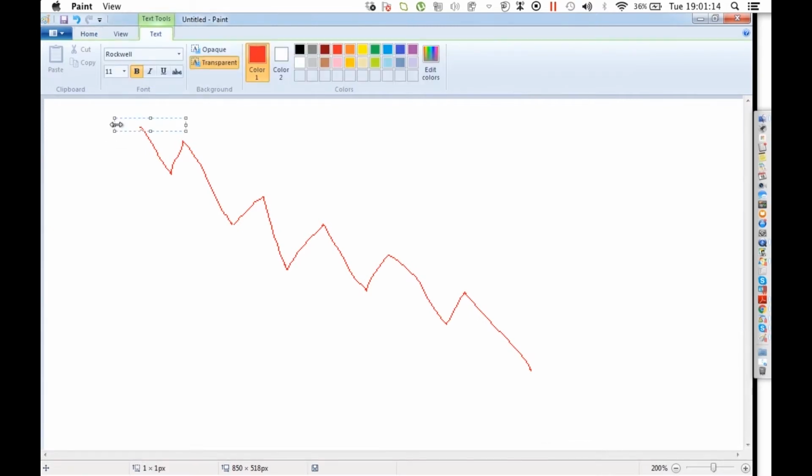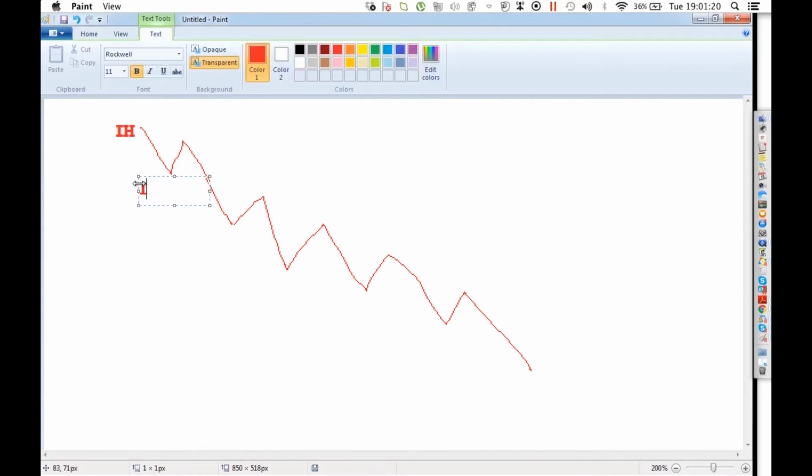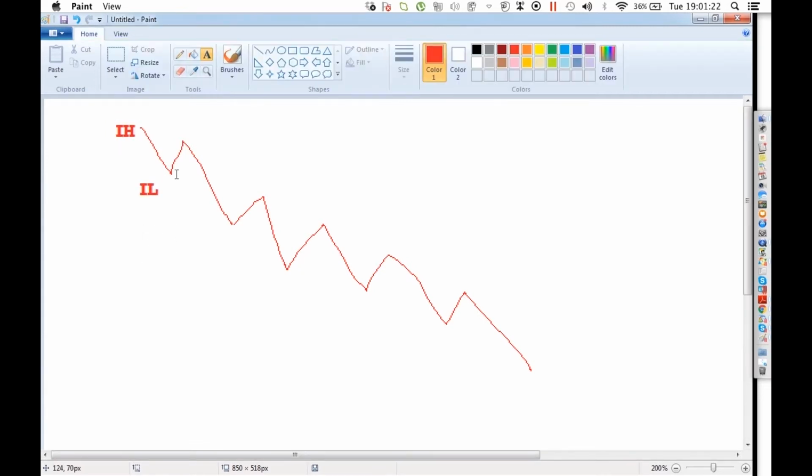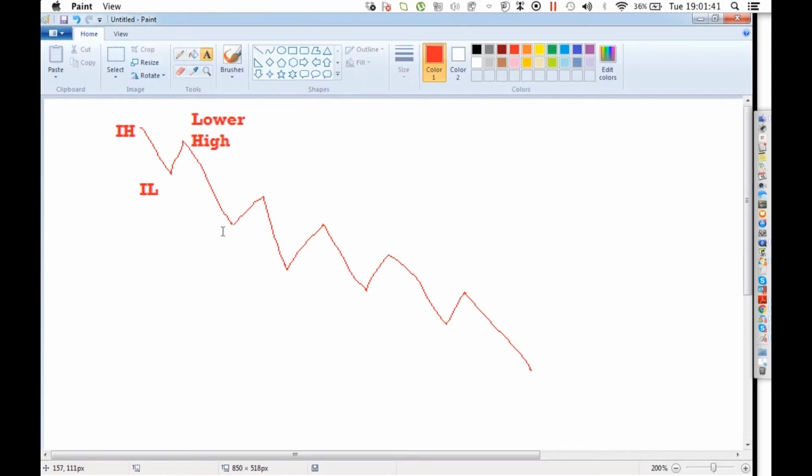Here we'll have our initial high and our initial low. So we'll see the market will pull back to make a new structure high, but then this high is a lower high. This high is not higher than the previous high, so it's called a lower high.